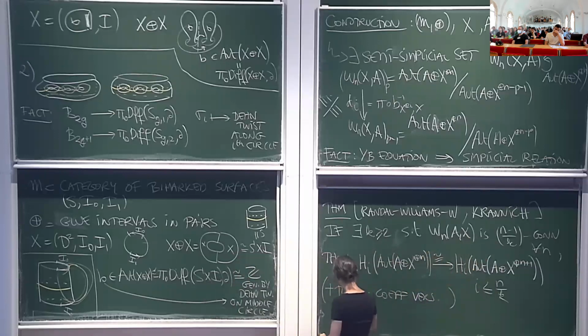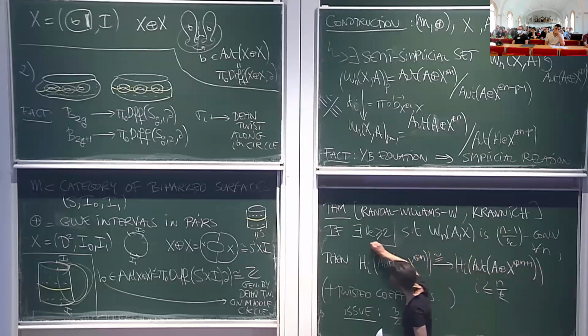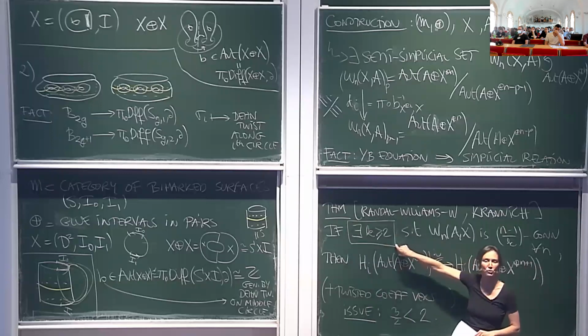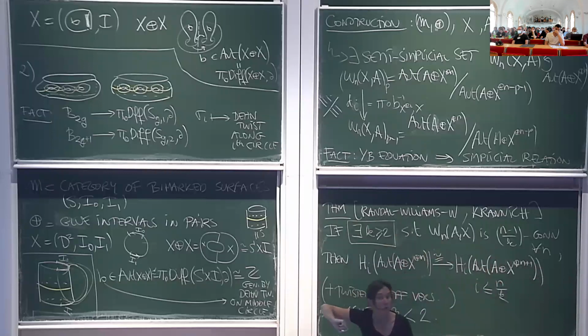There's an issue though. The issue for us is that 3/2 is smaller than 2, right? So I have this little assumption here, and this comes from the shape of the argument. It uses a spectral sequence, and the spectral sequence doesn't want to do anything that has to do with k smaller than 2. So where does this come from?